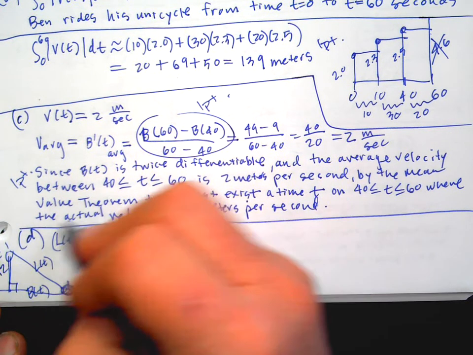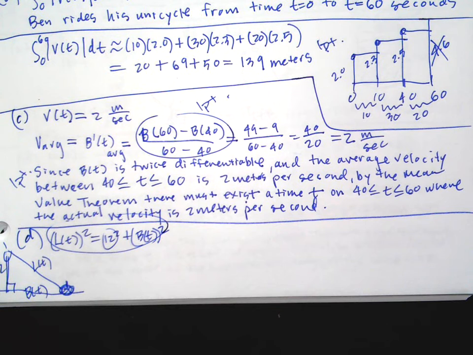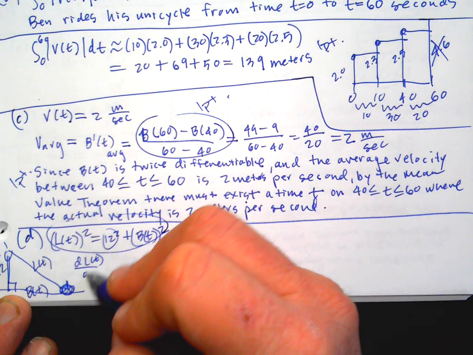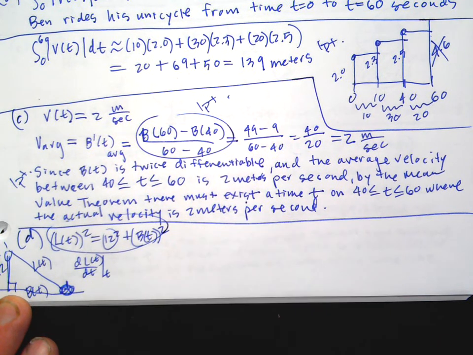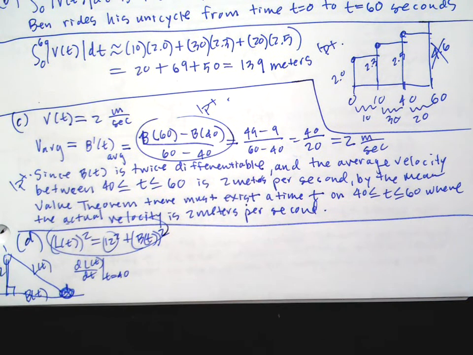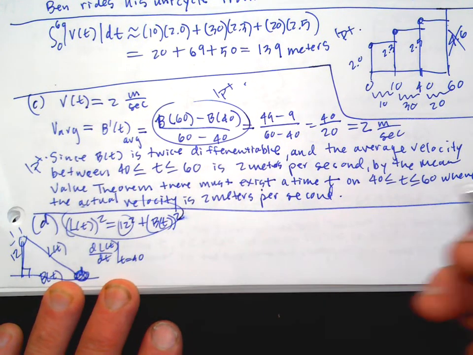So this looks like the Pythagorean theorem, right? Not that you need to know where it came from, but it kind of makes sense. So we're trying to find dL/dt at time 40. So this is a related rates problem. We've got to take the derivative of the relationship, which they already gave to us implicitly.